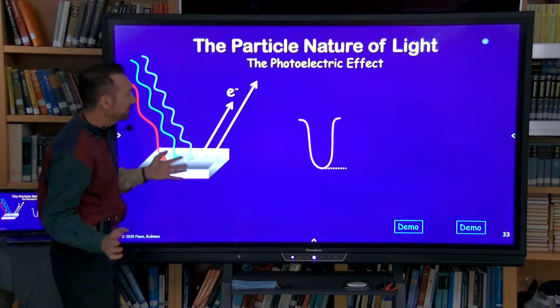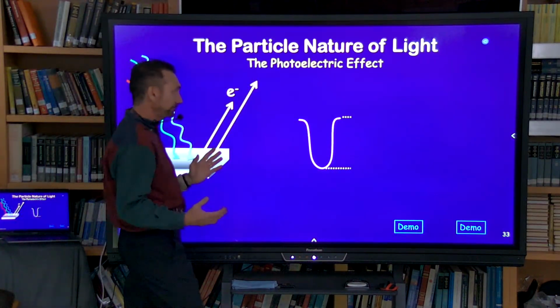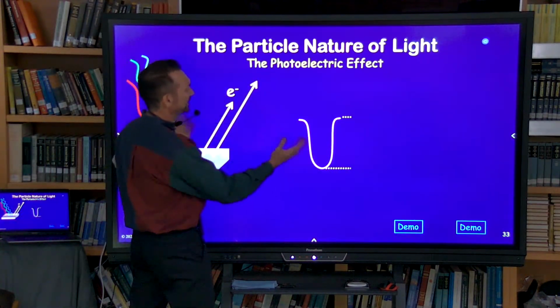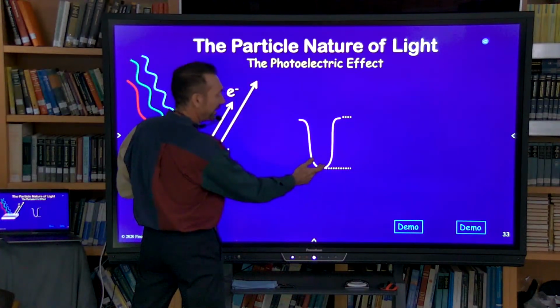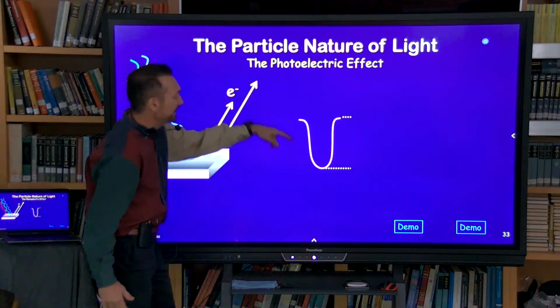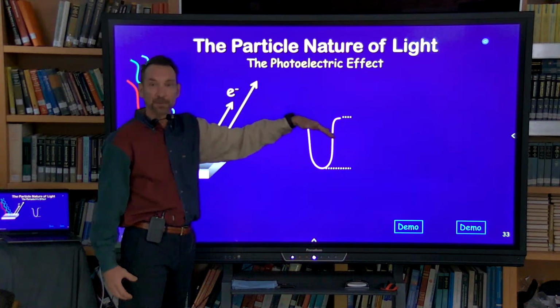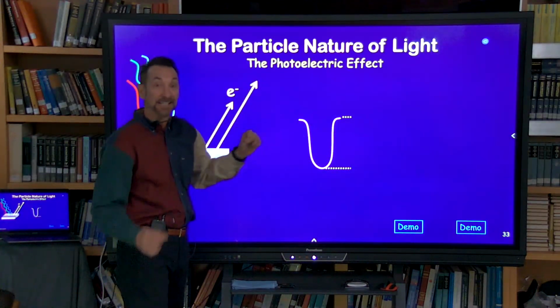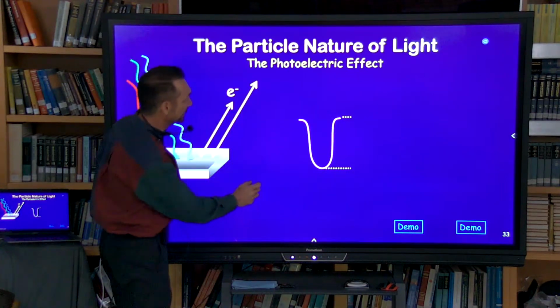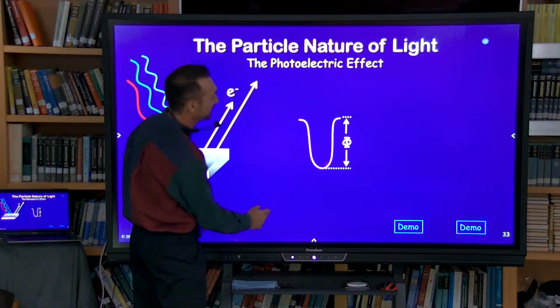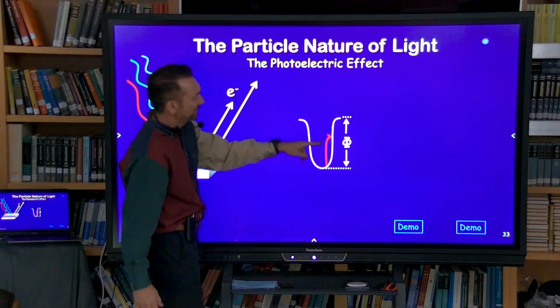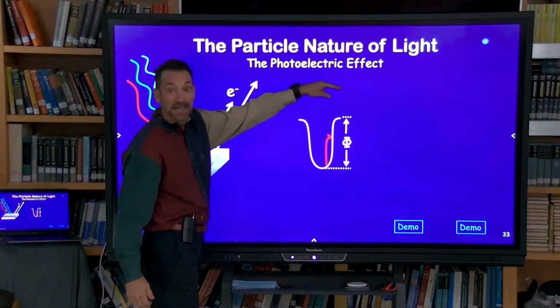So what it looked like to Einstein, and we've seen this, so we already know this, the electron is trapped in a low energy situation. To get it out of that situation, you have to give it enough energy, enough kinetic energy to exceed that well.